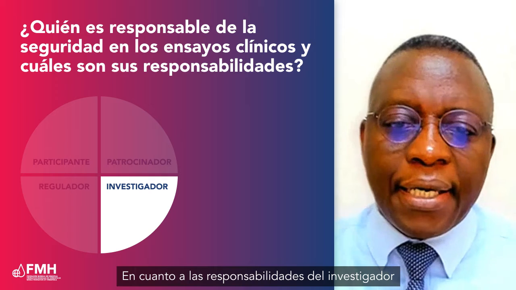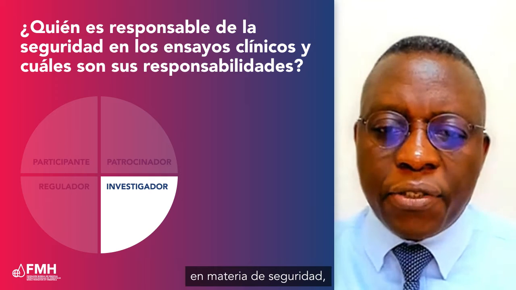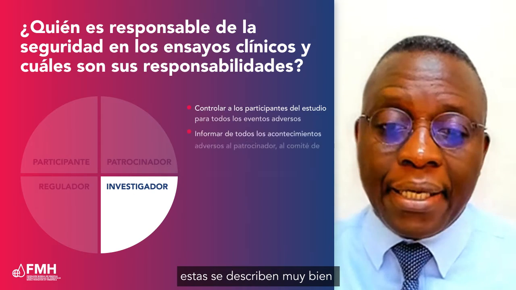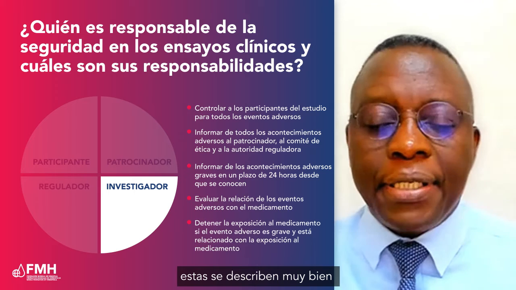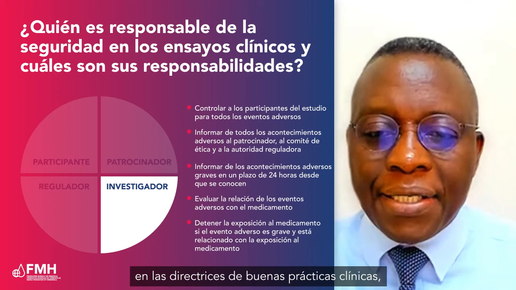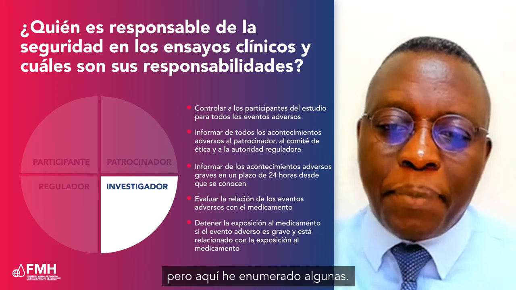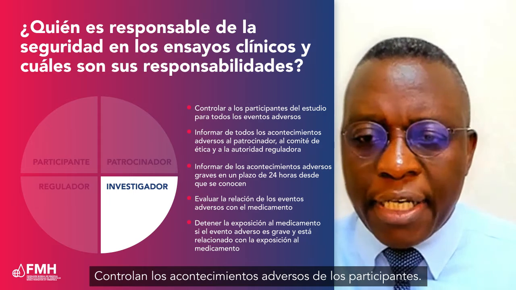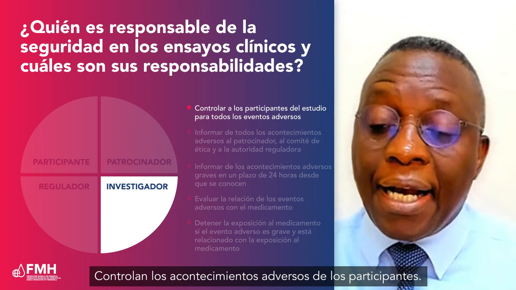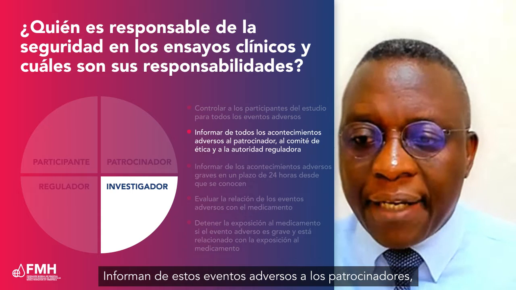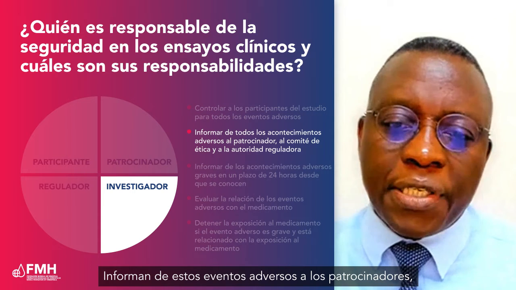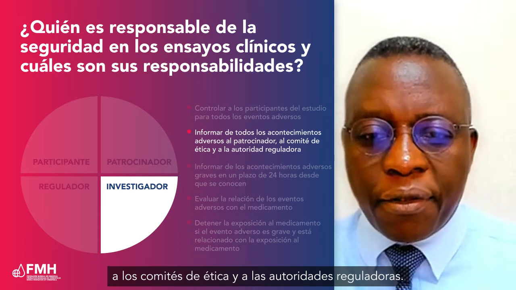Moving on to the safety responsibilities of the investigator, these are many. They are nicely outlined in the Good Clinical Practice Guideline, but I've listed a few here. They monitor participant adverse events, and report these adverse events to the sponsors, the ethics committees and the regulatory authorities.